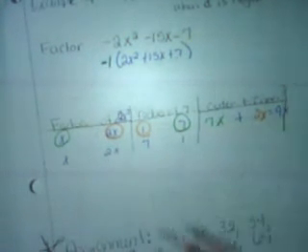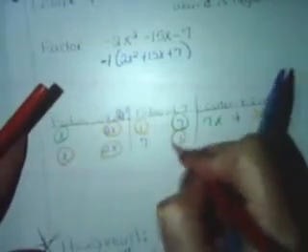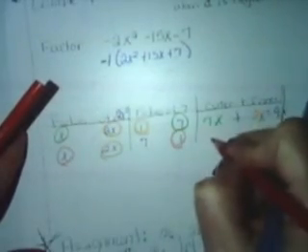Okay. So, let's try this next set. Well, first, let's do our outer. x times 1 gives me x, plus 2x times 7 gives me 14x.